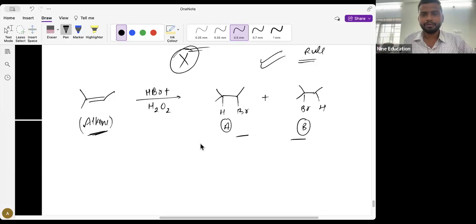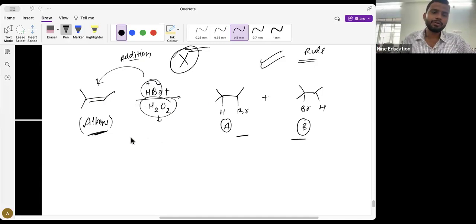It is given HBr and H2O2. If HBr in H2O2 is given, you should know that you have to add both of these here. If I have to add H positive and Br minus on this, and H2O2 is given, you should know it is a free radical mechanism, and it is the anti-Markonikov rule beta.